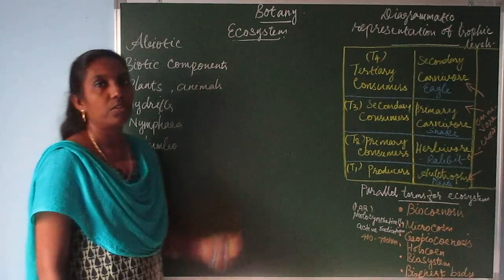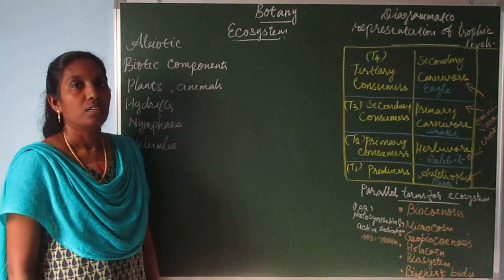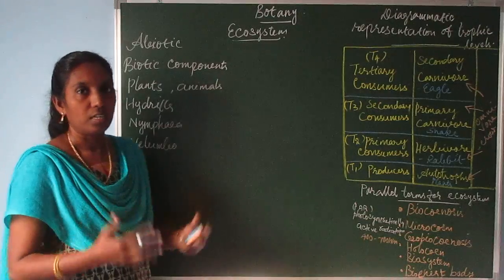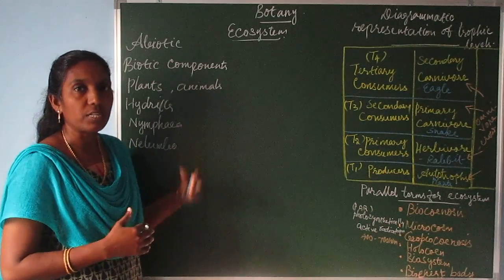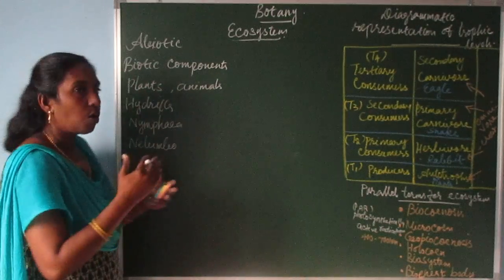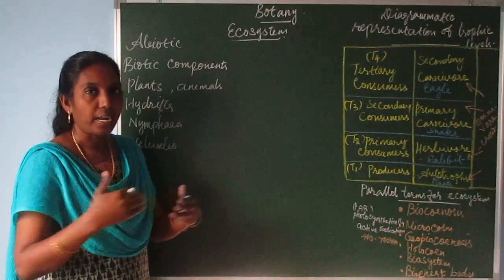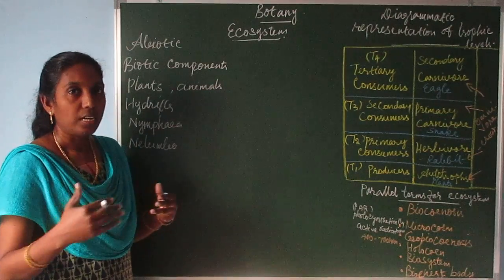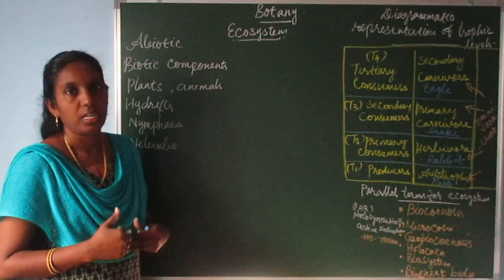Then animals including small fish, large fish, tortoise. These organisms are near the water bodies, and they are the biotic as well as abiotic components. So these biotic and abiotic components interact with each other.